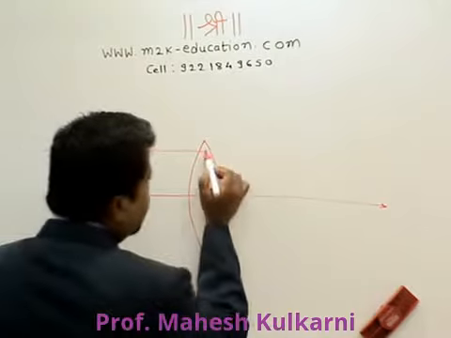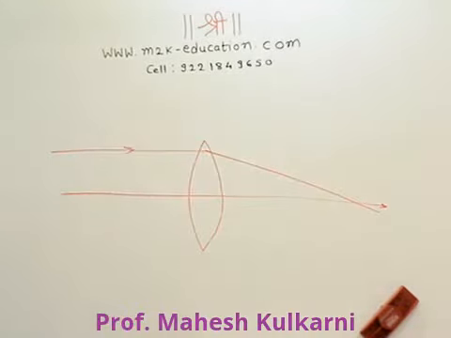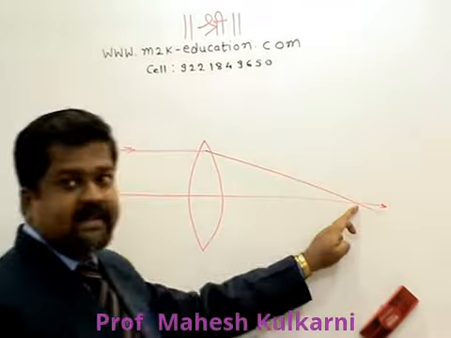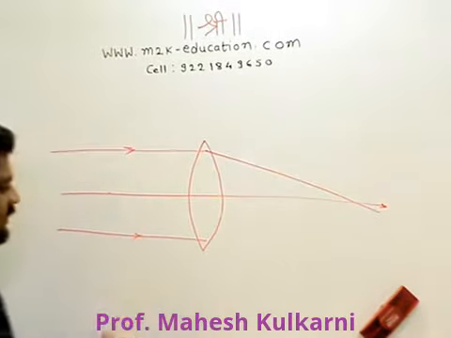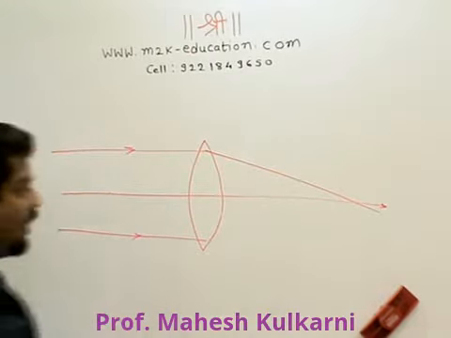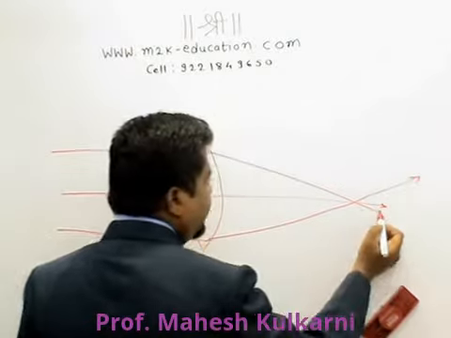Then you will find that after crossing the lens, it is uniting somewhere, intersecting the principal axis at this point. Suppose radiation is traveling in this direction, the same direction means on passing it will unite on this particular point only.